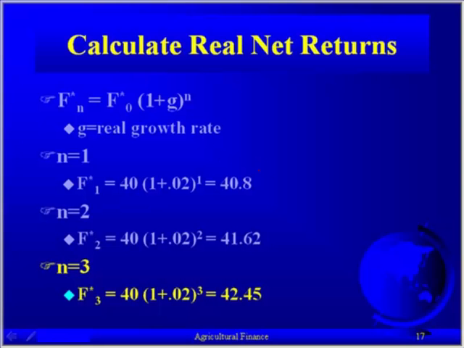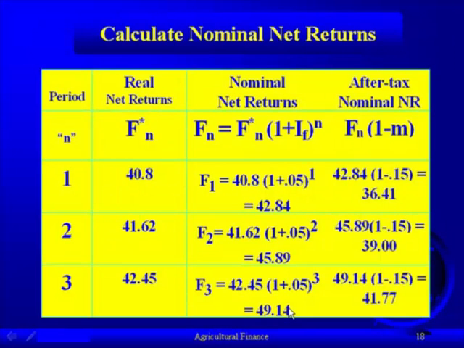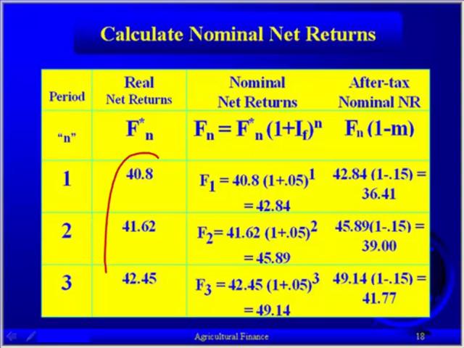Now, if you look at these 3 numbers, those are the real net returns in the first, second, and third years, respectively. And we're going to take those now and put them into our chart that we've been using. Notice that this real net return in the past were constant. When we did the land before, those were $40. They were constant in each of the first, second, and third periods. Now, because we've assumed that there's a 2% growth, each of those have increased.